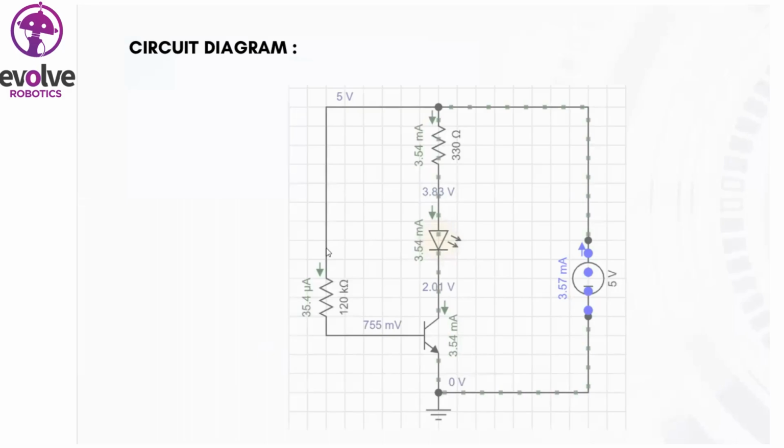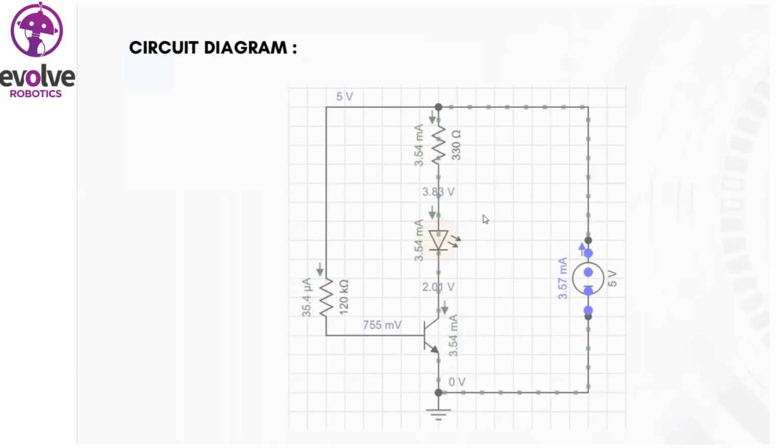And if there is no current passing through the base, which means there is no connection from the battery to the base through a resistor, what will happen? The transistor is in off state, which means the switch is in open state. So there is no current flow through the circuit, and our LED will not turn on. So this is the working of the circuit.